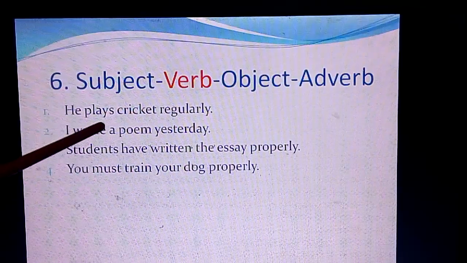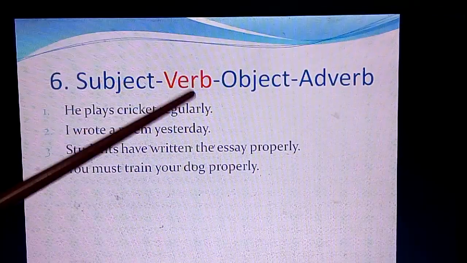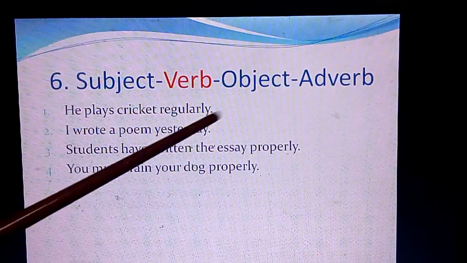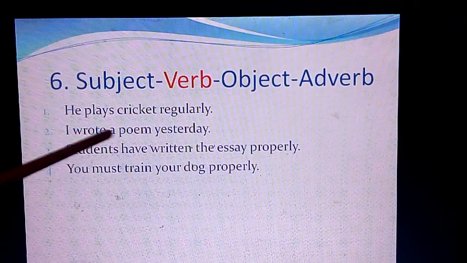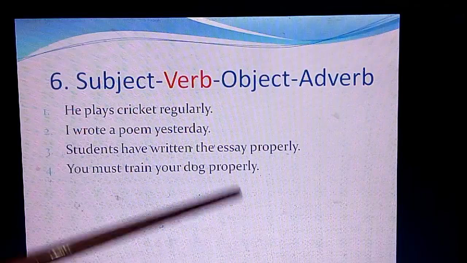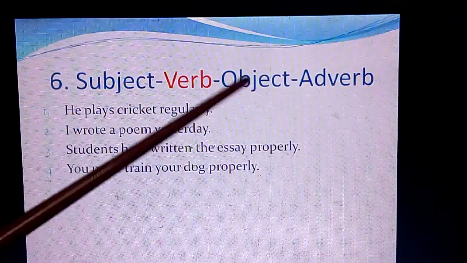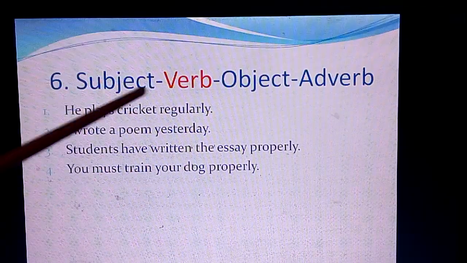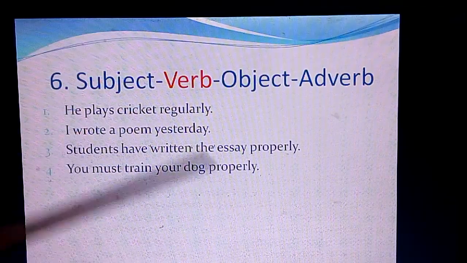And there is subject, he, then plays, verb, and cricket, object, regularly, adverb. So like that you can make your own sentences in this manner. The only thing is that you must have the basic vocabulary of different parts of speech, right?